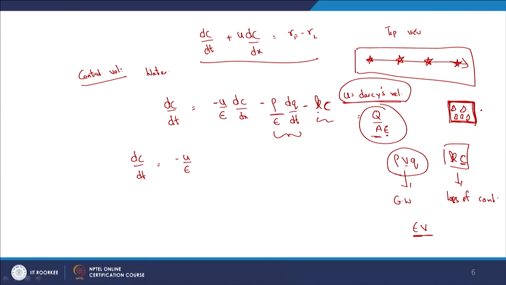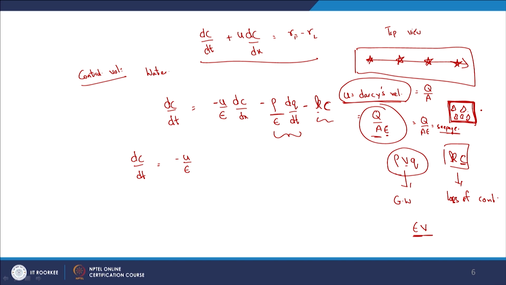So, that particular Q, which is the total groundwater flow, divided by the actual area through which it is flowing, will give you the seepage velocity. Darcy's velocity is nothing but Q by A, and Q by A times porosity gives me the seepage or actual groundwater velocity through the pores.